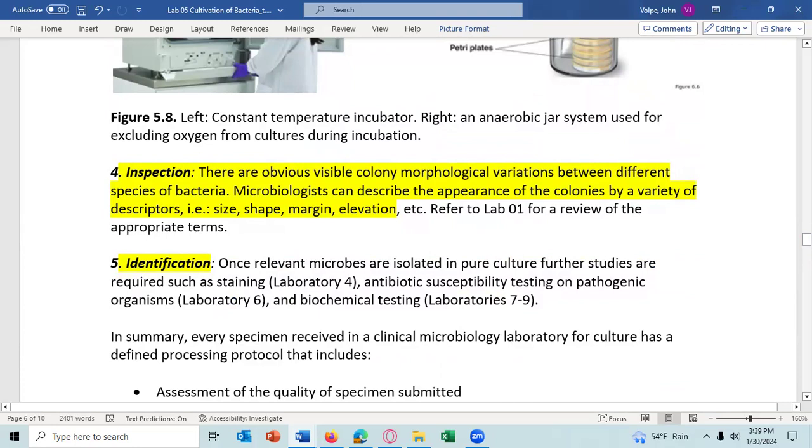You can describe the appearance of colonies if the cells are on an agar plate, such as the size of the colony, the shape, the margin, that's the edge of the colony, the elevation. So you can begin to get your information to start to identify the species. Any question about any of that?